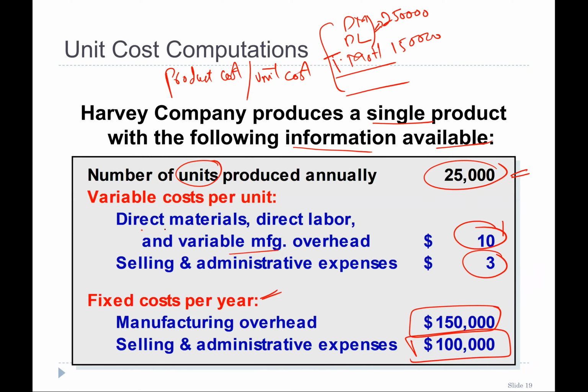So the question itself mentioned direct material, direct labor, and variable manufacturing overhead. Under absorption costing, we do include fixed manufacturing overhead as well, 150,000. Answer would be here. How much? 400,000, right? 400,000 divided by units 25,000.